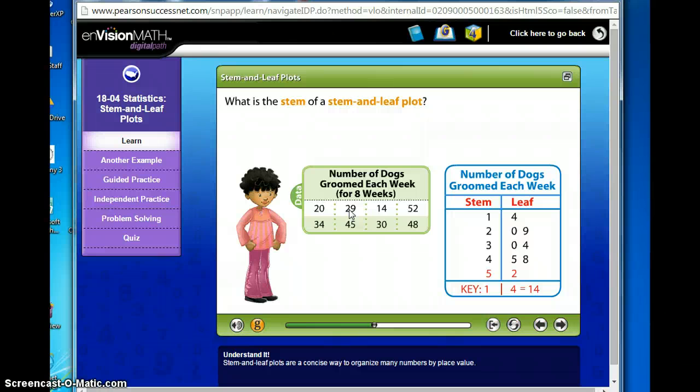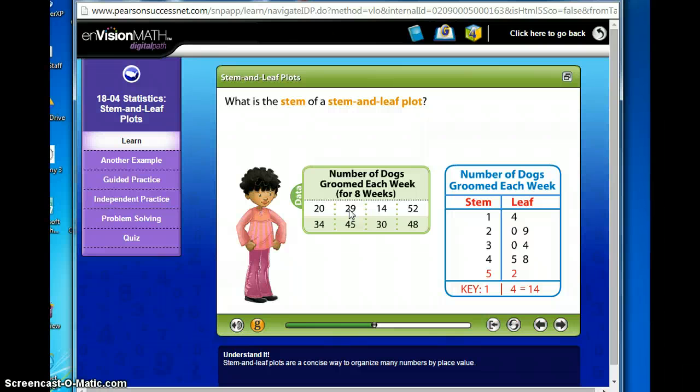Your ones place value are your leaves. So for 20, you would have 2 as a stem, 0 as a leaf. For 48, you would have 4 as a stem, 8 as a leaf. You have a key down here at the bottom. You have to put a key at the bottom. 1 line 4 equals 14.